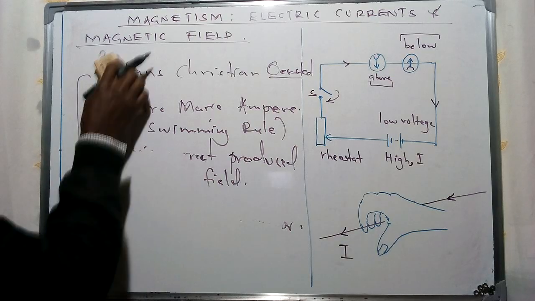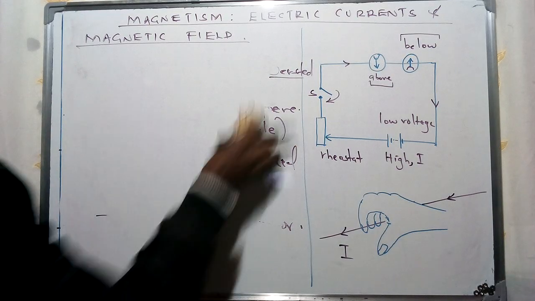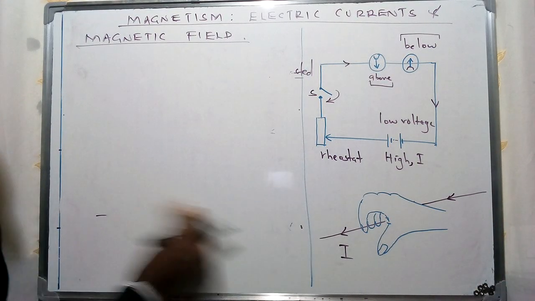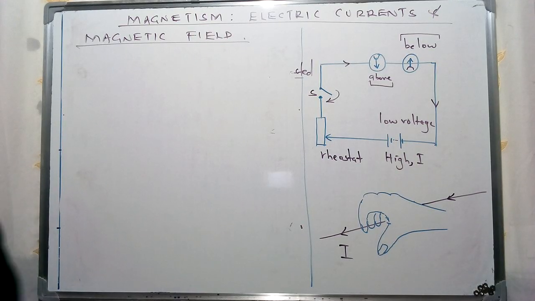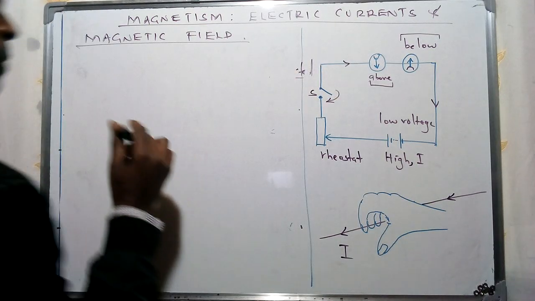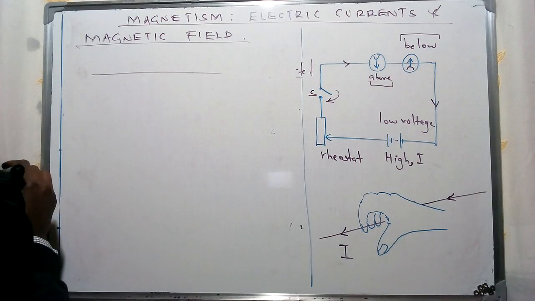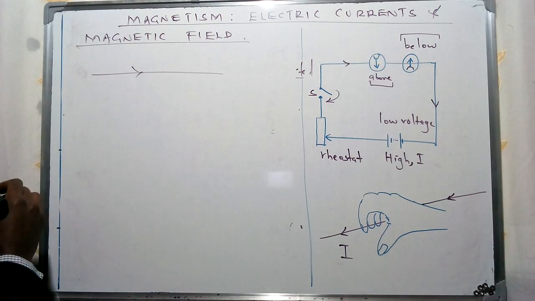Now I'm going to use this particular illustration so that we can have an understanding of the deeper details of this specific experiment. In this case, we have a conductor that is carrying current in that specific direction.